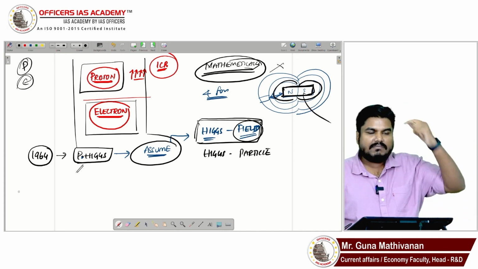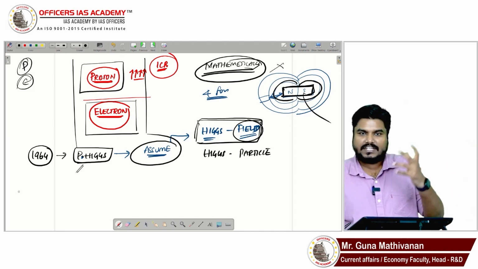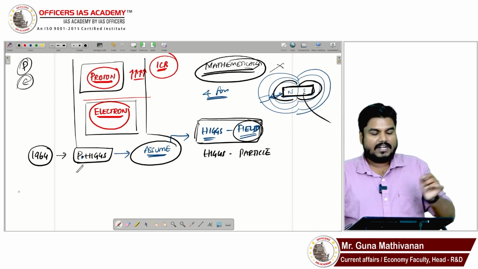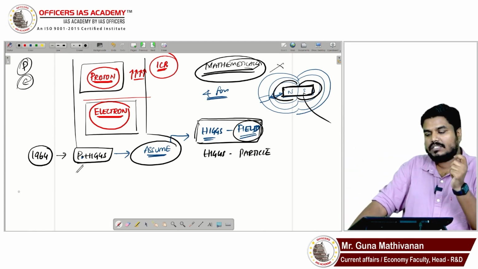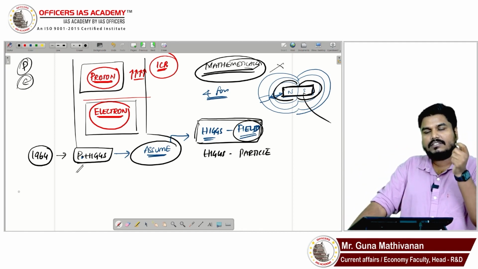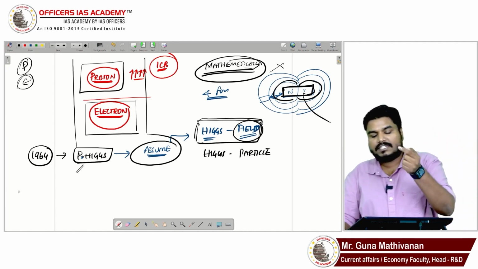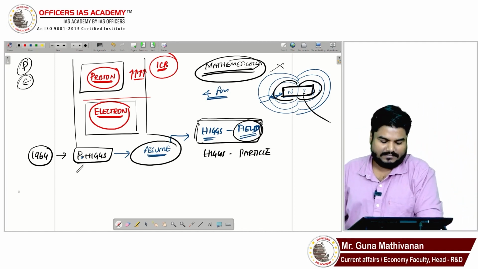It is not having any weight, nothing. The weight is because of the protons, electrons interaction with this Higgs field.